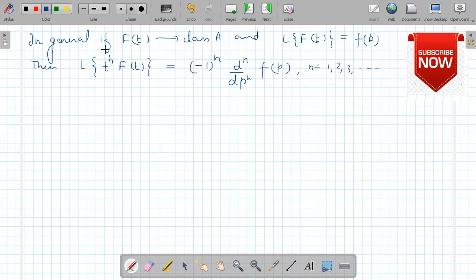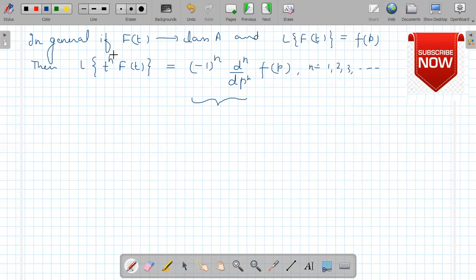So this t^n converted into this, and L goes inside this bracket, and L converts f(t) into F(p), and this t^n converted into this expression.